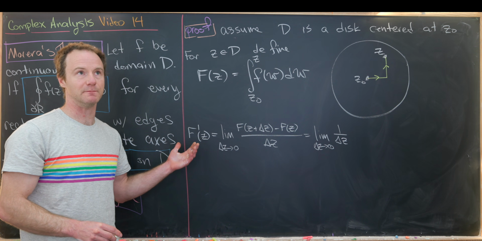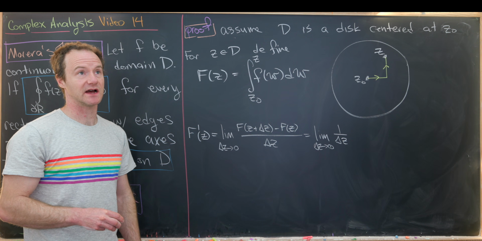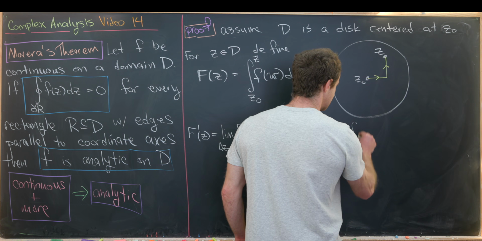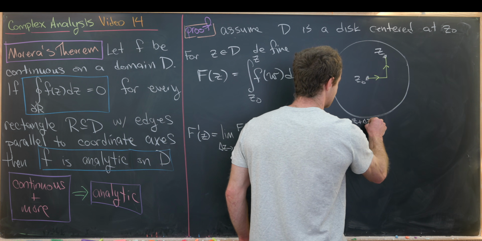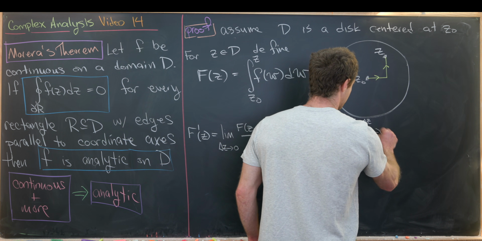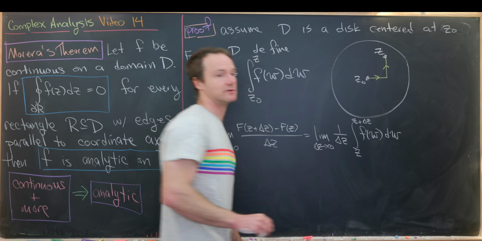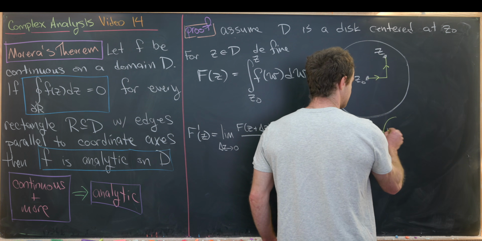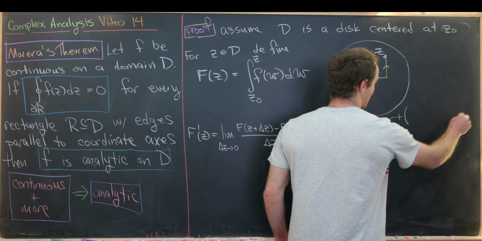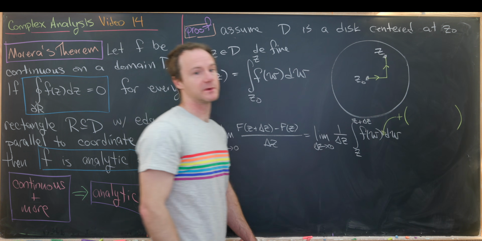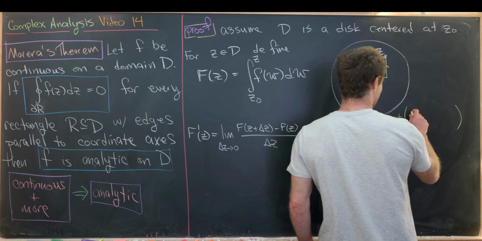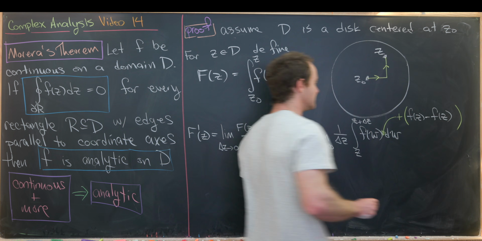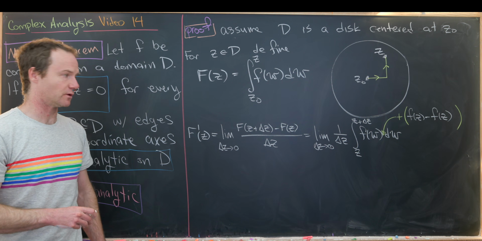This is just from calculus 1 style integration rules. So we'll have the integral from z to z plus delta z of f of w dw. And now we're going to sneak a copy of 0 into here. We will add 0 in the following form: we will add it as f of z minus f of z. And that's maybe the trick that makes this whole thing work.